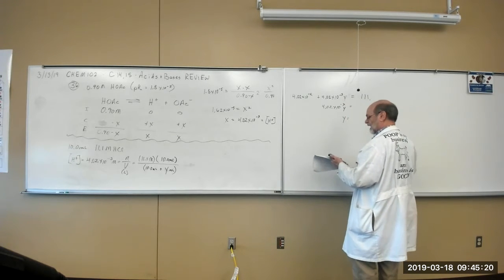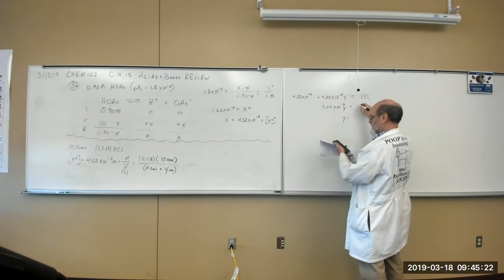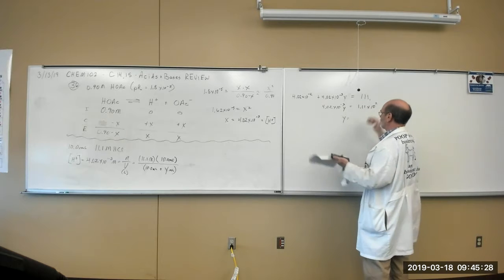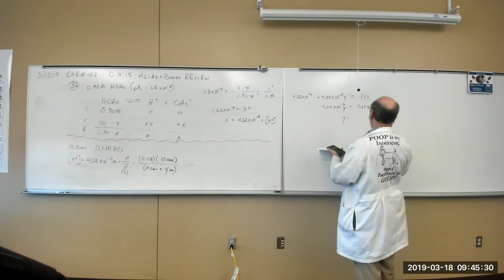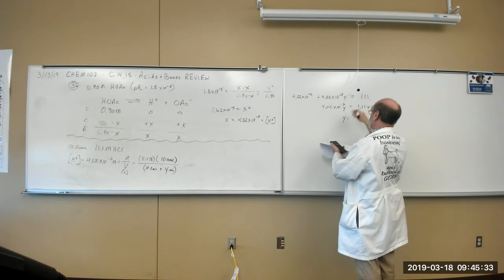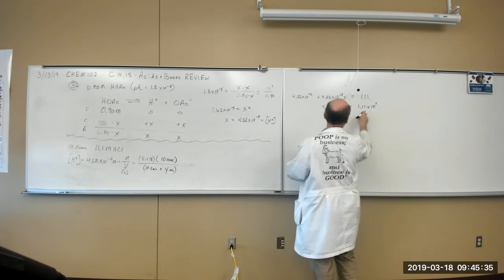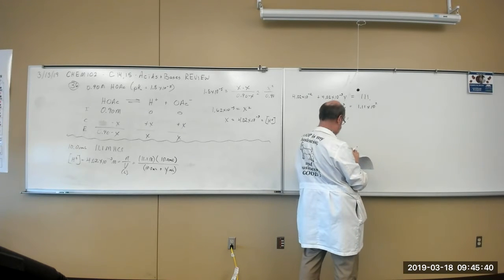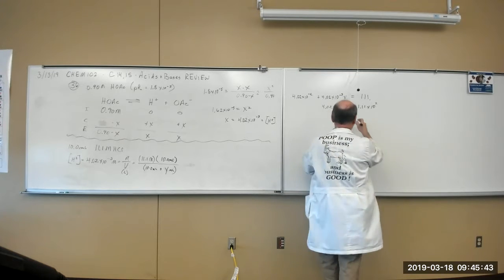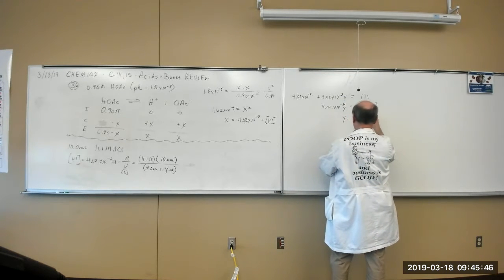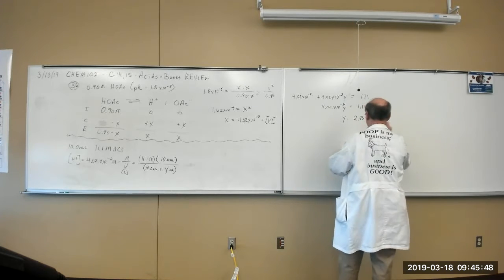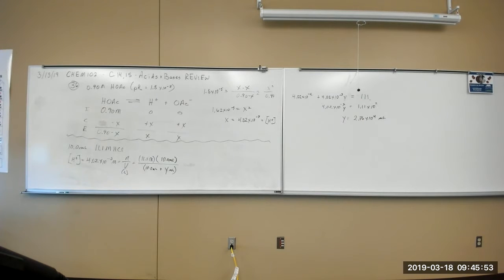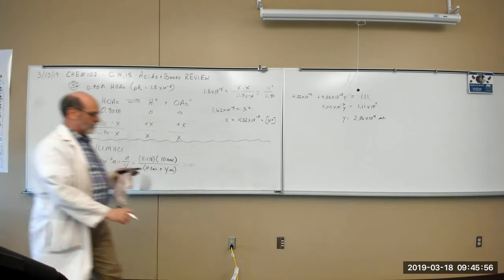I think I divided, yeah. That value should be subtracted from it. Okay, now this one divided by that is 2.76 times 10 to the fourth milliliters. Okay, do we have 27,000 milliliters there? So that's good. We have to convert it to liters.